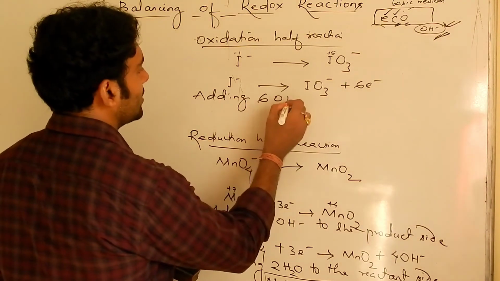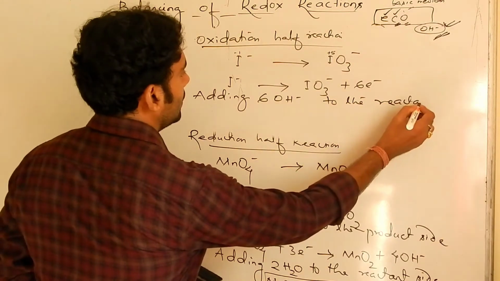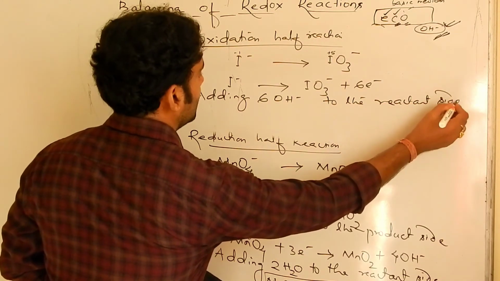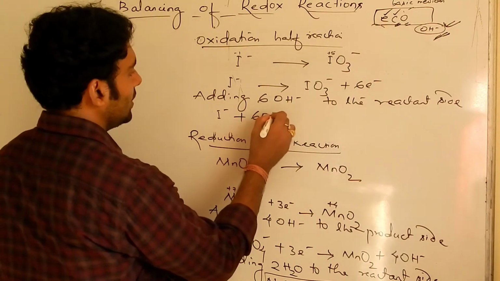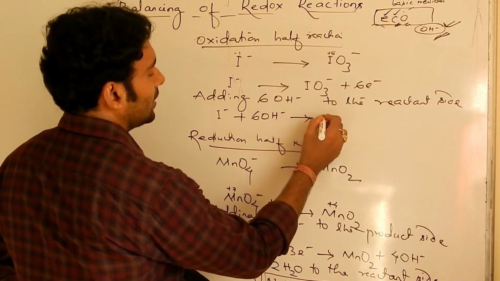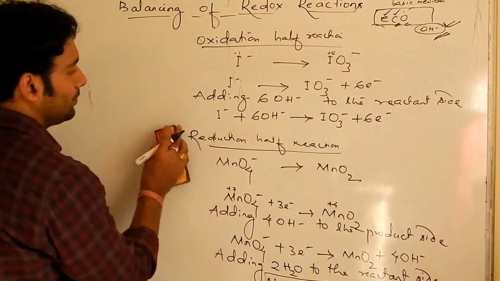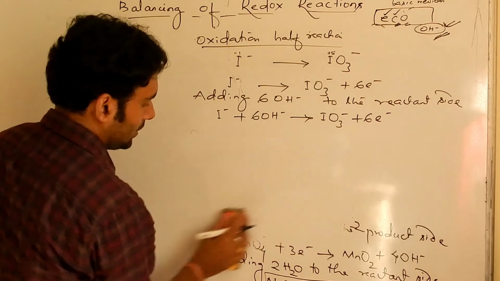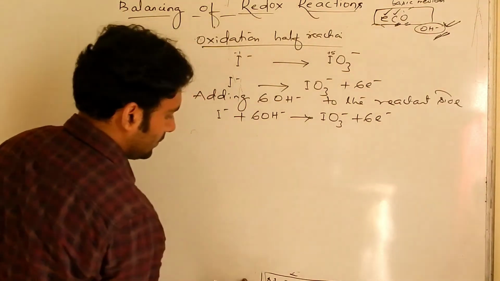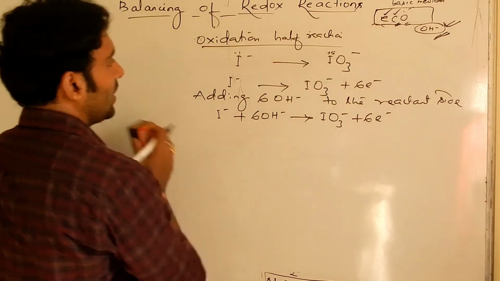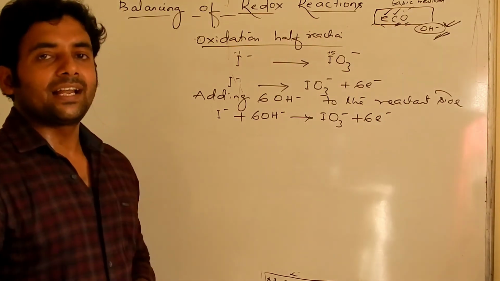So adding 6 OH minus to the reactant side, the equation will become I minus plus 6 OH minus gives IO3 minus plus 6 electrons. So charge is balanced, both sides have 7 negative charge.